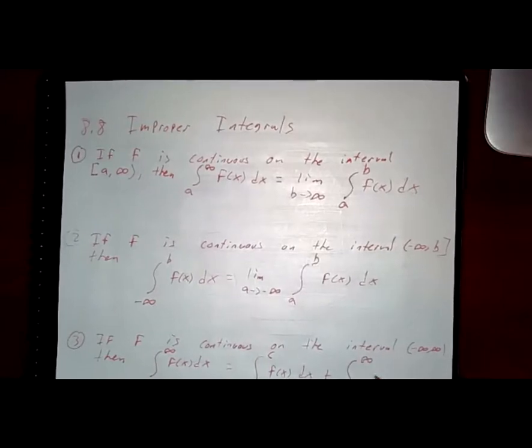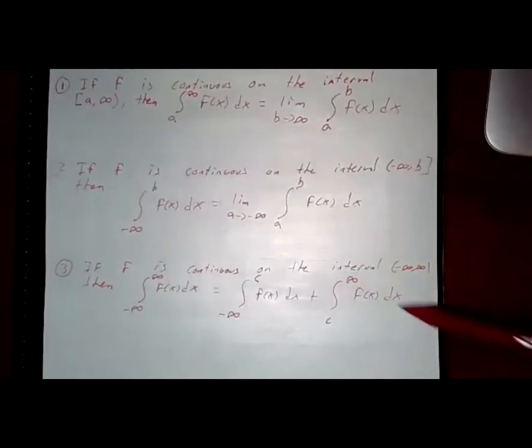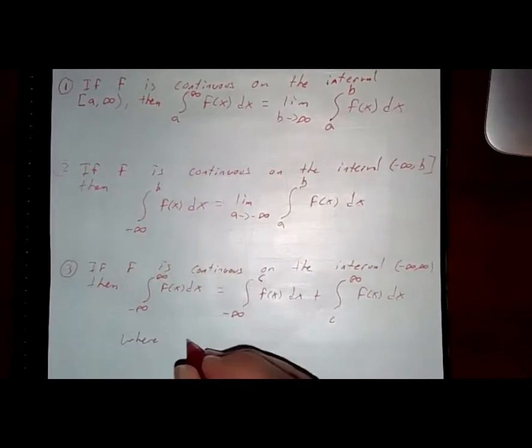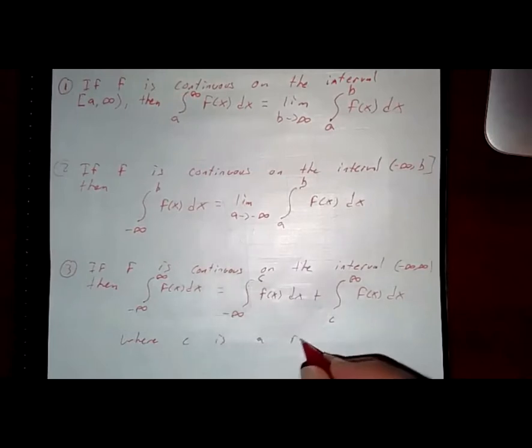So you break it into two parts. Then you apply the rule that we just mentioned up here on 1 and 2 to both of these, where c is a real number.